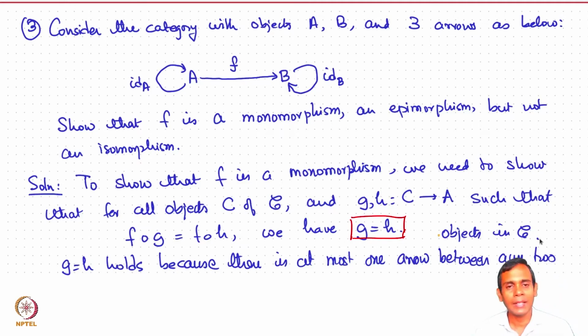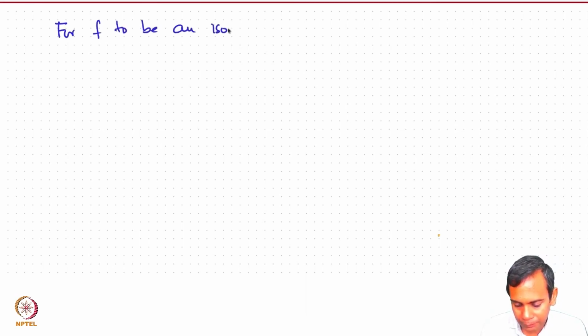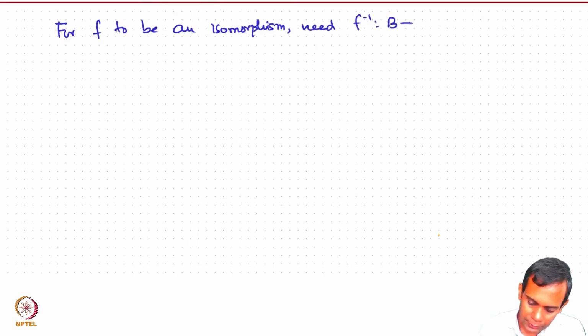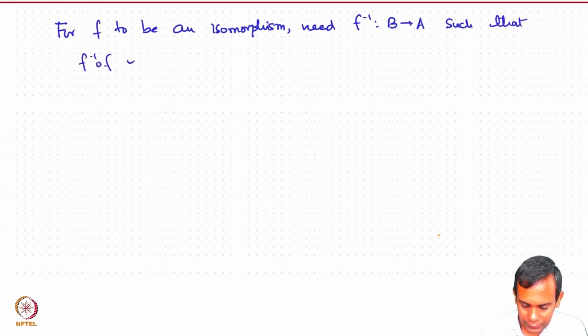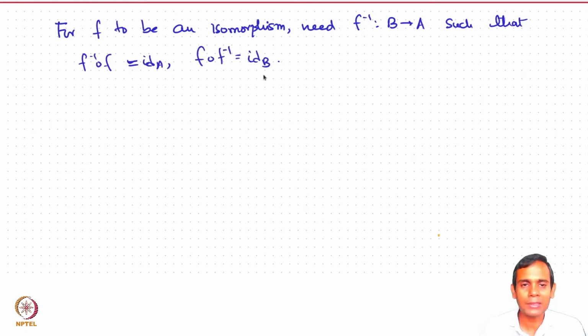Now, is F an isomorphism? So recall the definition of isomorphism. For F to be an isomorphism, we would need F inverse from B to A such that F inverse circle F is the identity of A and F circle F inverse is the identity of B. But don't even worry about these conditions.